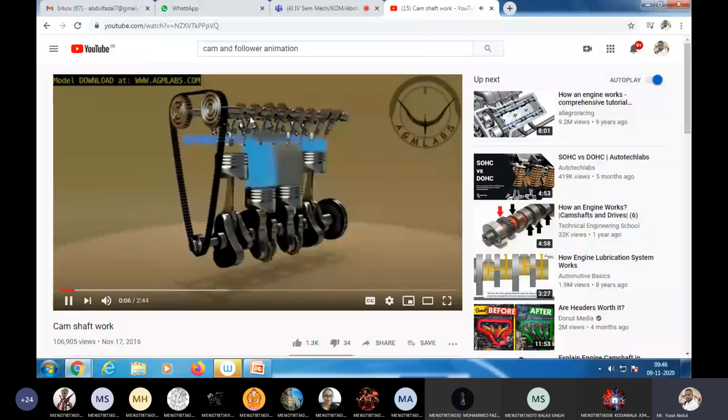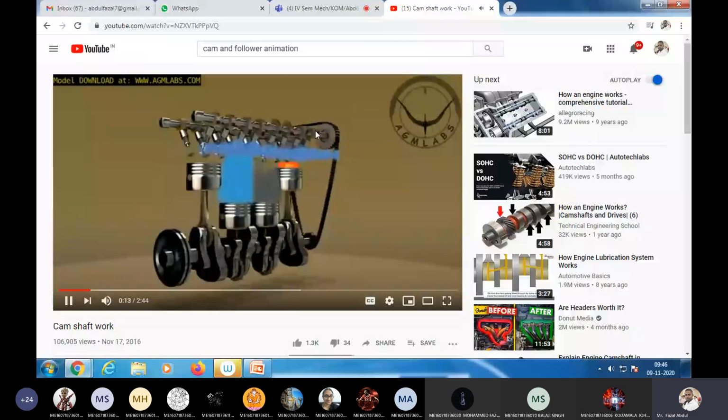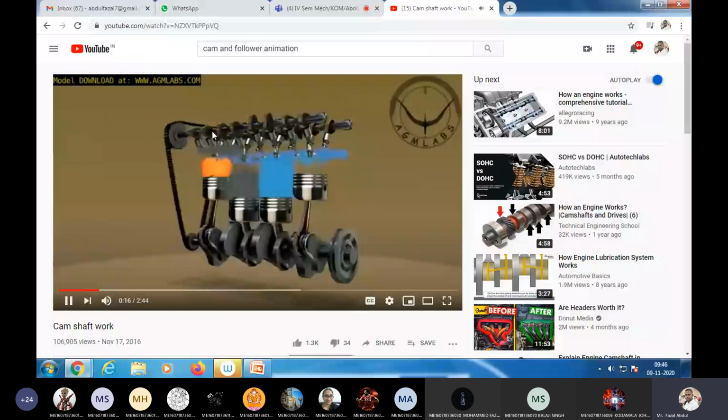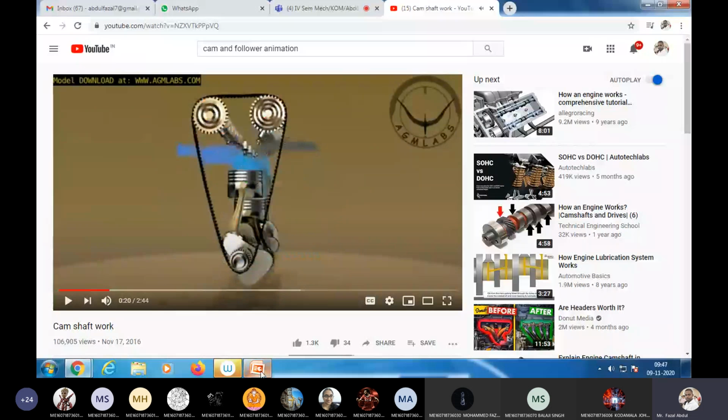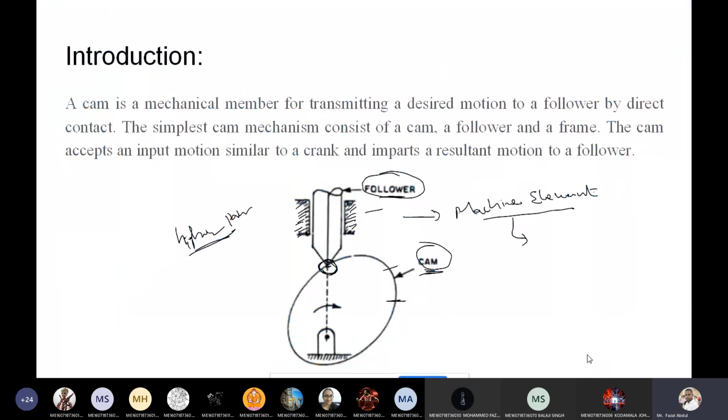The cams take the input power in this manner. In this manner, cams accept the input motion, similar to the crank, and impart the resultant motion to the follower.